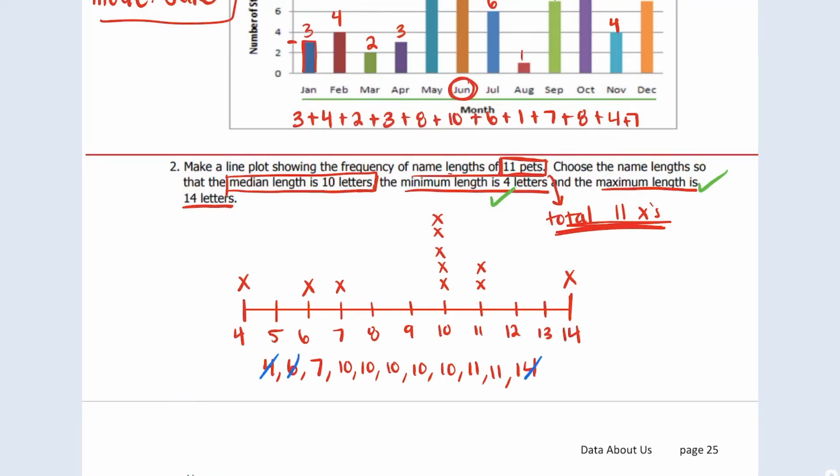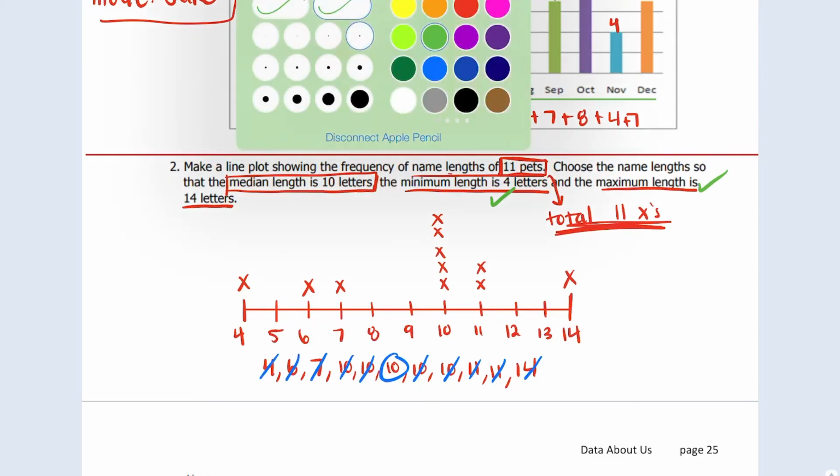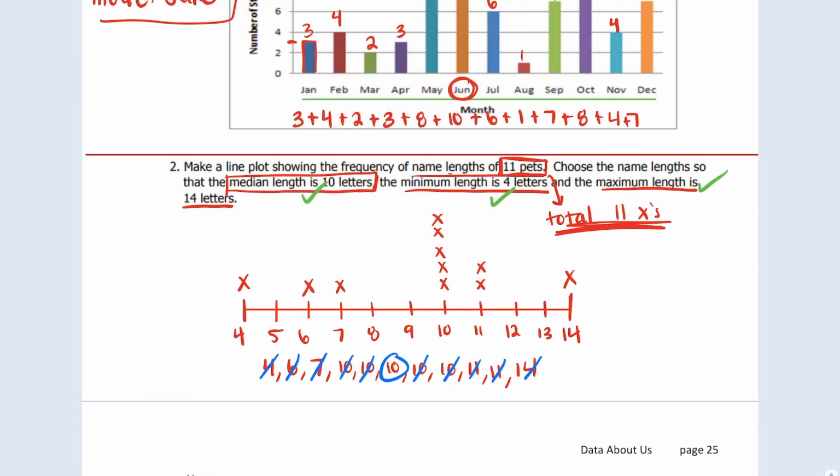So cross out left, right, left, right, left, right, left, right, left, right, boom. 1, 2, 3, 4, 5, 1, 2, 3, 4, 5. Yep, my median is 10. So I can check that last part off. I have 11 pets. I have a median length of 10 letters. My minimum length is 4 letters, and my maximum length is 14 letters.